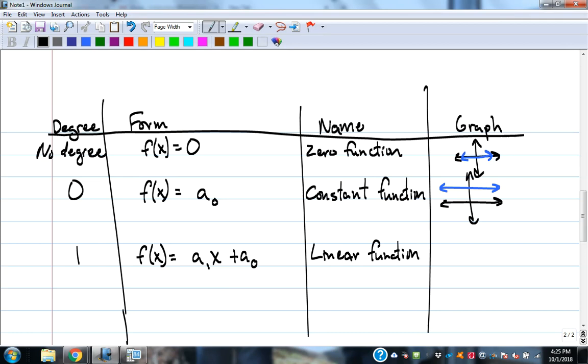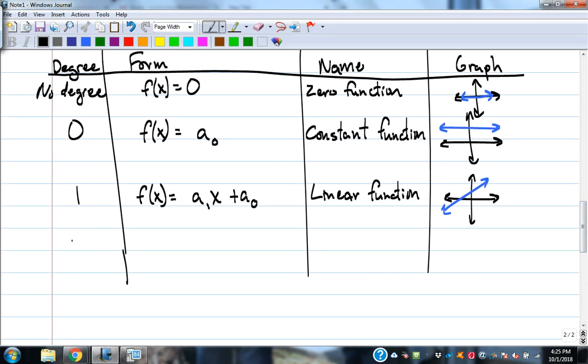But because we're talking about polynomials, we can write it in that form, and we know that the graph of that is a line that has some sort of slant to it. It might be a positive slope, could be a negative slope. Anyway, we know it looks like that. It's a linear function. Polynomials of degree 1 are linear.